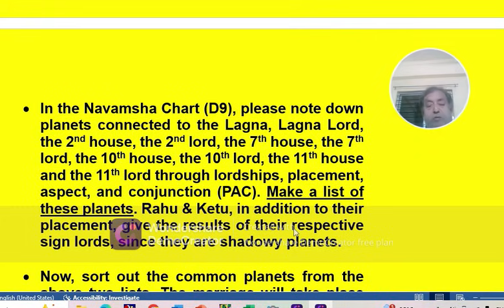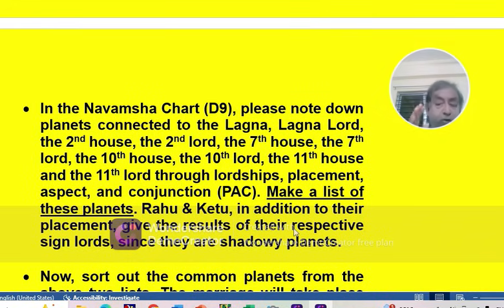You have to find out the Lagna of your Navamsha and Lagna Lord. Then 2nd house, 2nd lord of your Navamsha. Then 7th house and the 7th lord of your Navamsha. The 10th house and the 10th lord of your Navamsha. The 11th house and the 11th lord in your Navamsha.